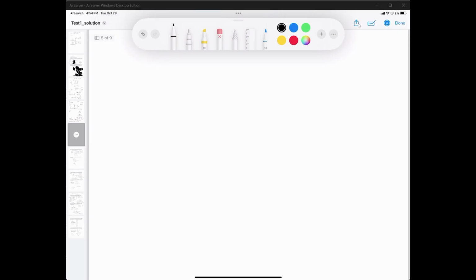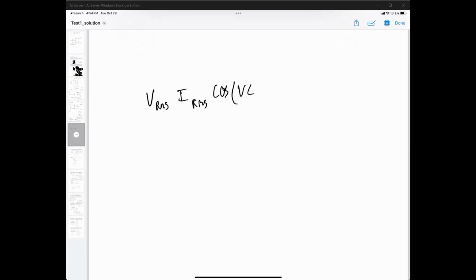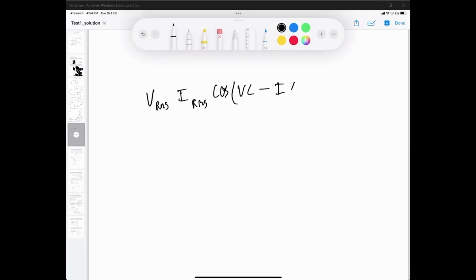Alright. So if we want to find the real power, we need this formula. V RMS times I RMS times the cosine of V angle minus I angle. Right? This is the power factor, right?